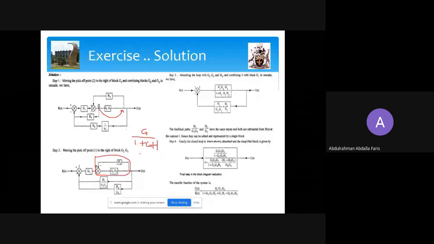So once you do that, you'll end up with this, and that one multiplied by G1.